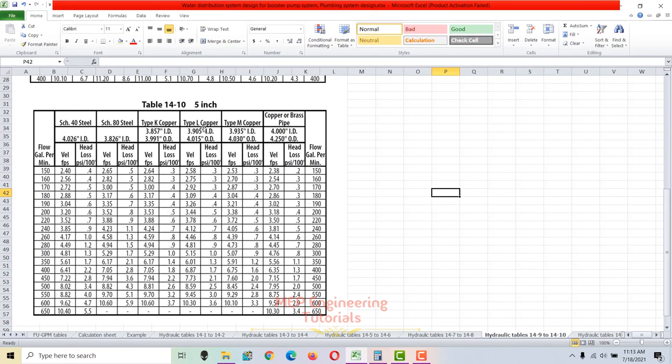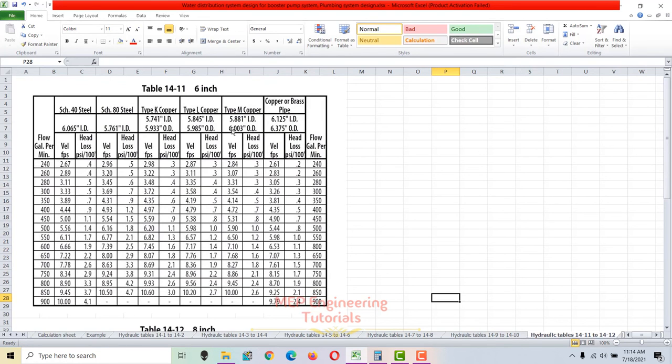Since this is again inside the building, we have to use type L copper. So at 550, the velocity is 9.45 feet per second, and at 600 the velocity is 10.3 feet per second. So again, this velocity is higher than the recommended 8 feet per second, so we are not going to use 5-inch pipe size. So we'll go to the next table, 6 inches, and then check the demand 550 and 600.